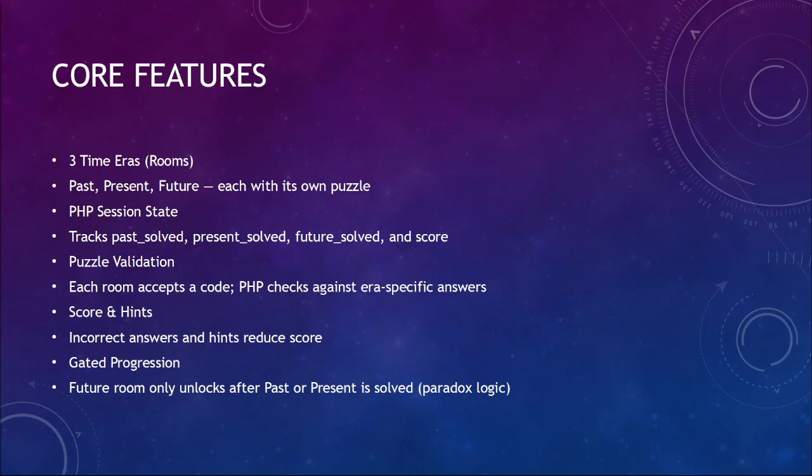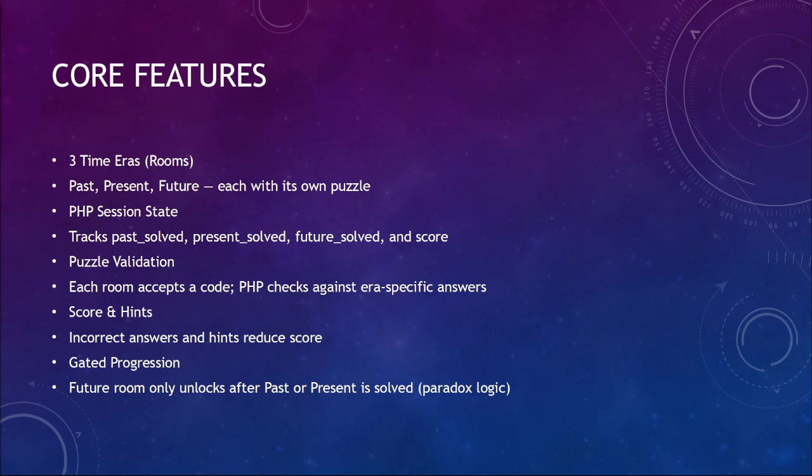So the features of this web game, as I mentioned before, it had 3 time eras which acted as rooms, a past, present, and future with its own riddle/puzzle, and it worked using a PHP session state. It tracked if the past, present, and future was solved or not, and it also tracked the score as you solved each room.